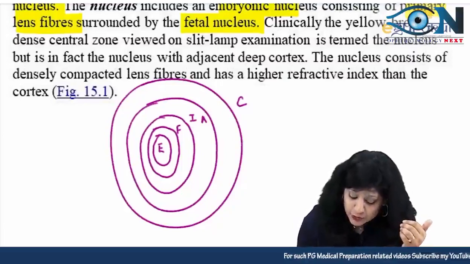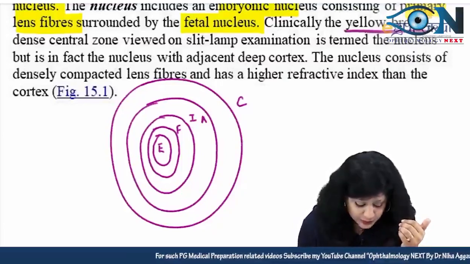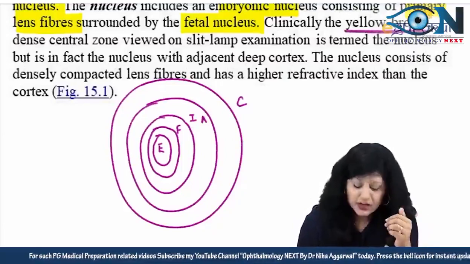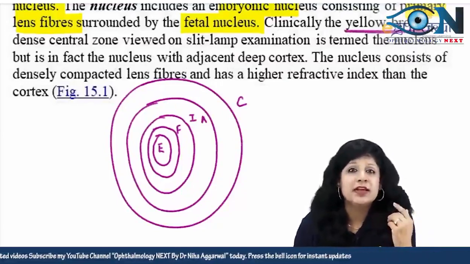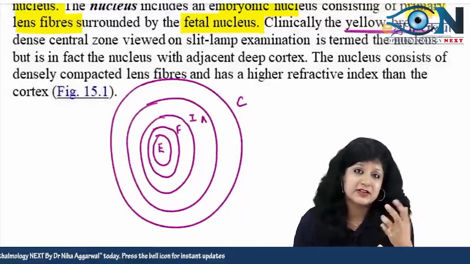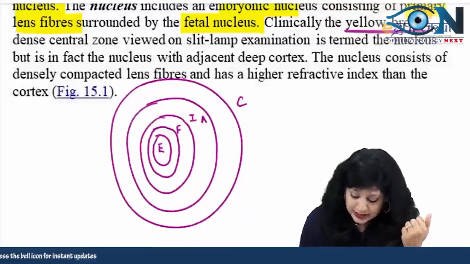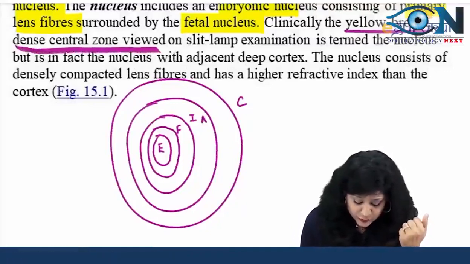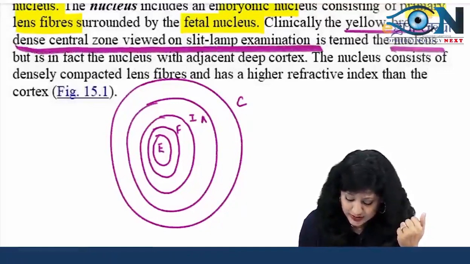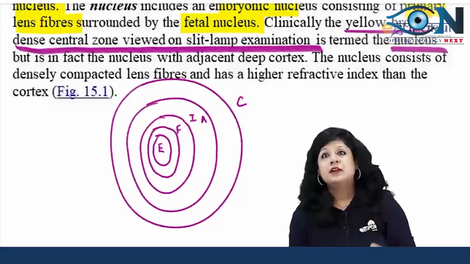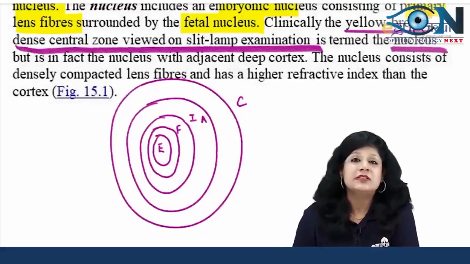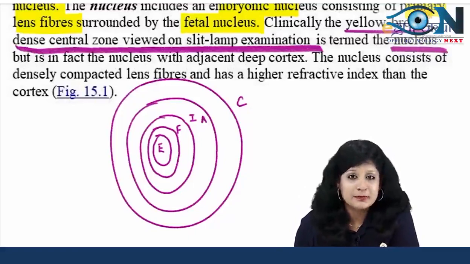Now if you look at the appearance, it is yellowish brown in color, and when you look at the slit lamp, you get to see the different layers and the different colors. Clinically, the yellow-brown dense central zone viewed on slit lamp examination is called the nucleus. When you see the nucleus, it means there is a deposition of pigments, and that is seen with the advent of cataract.